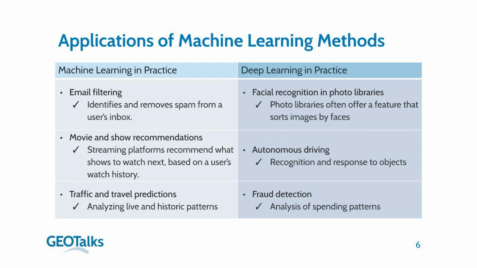If we think about some applications of these methods, we can consider machine learning for things like email filtering, where you mark certain things as spam and then future items that hit that criteria also get marked as spam.